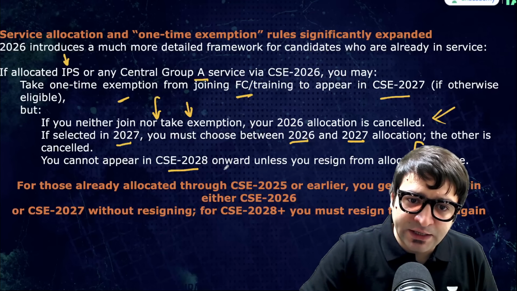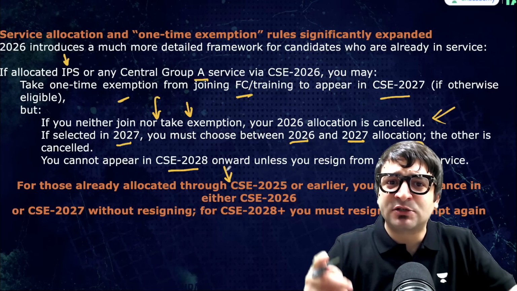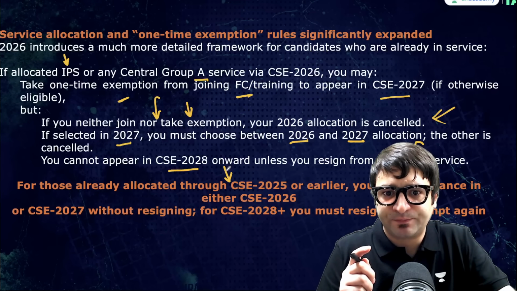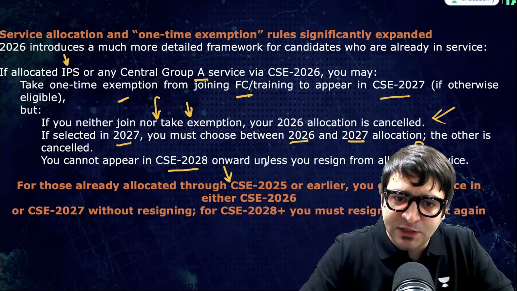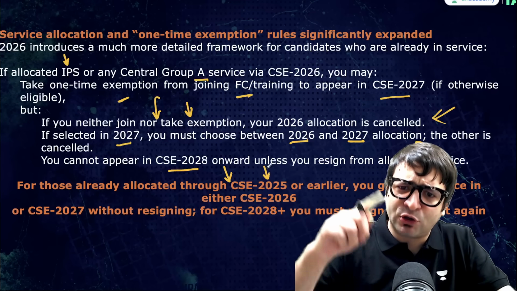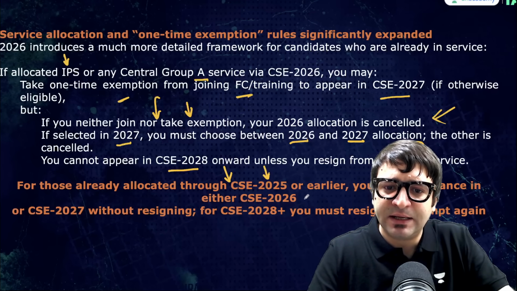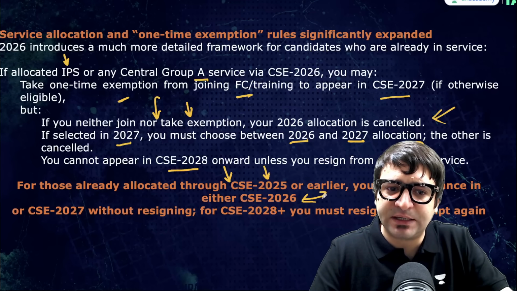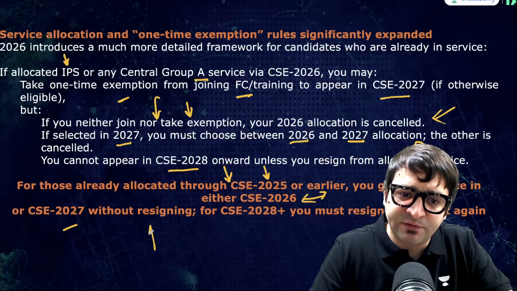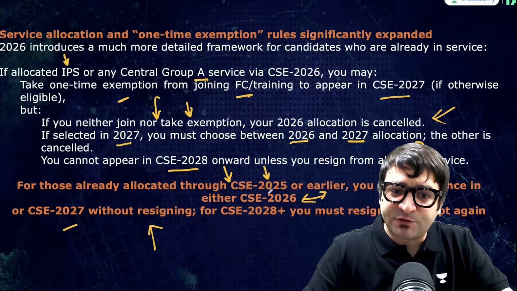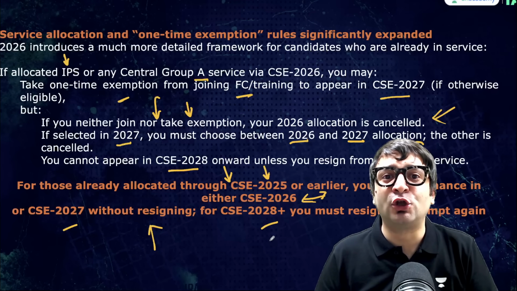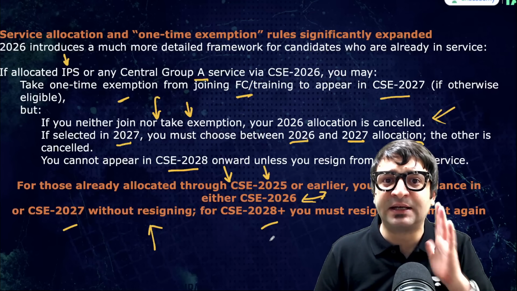Those who are already part of IPS or any other central post, based on the results of CSE 2025 or 2024, you get one chance to appear in either CSE 2026 or 2027 without resigning. But for CSE 2028, you must resign and then attempt the exam.